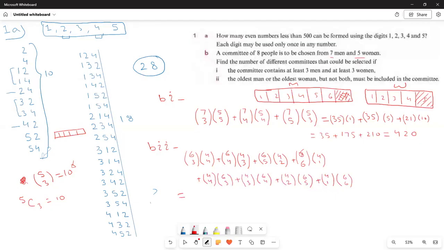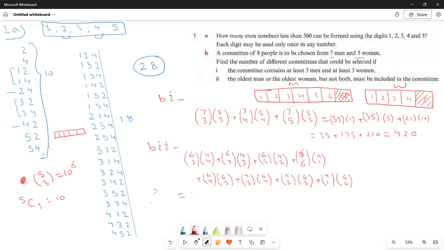Now you see there's a similarity here. The first term here and the first term there are the same. Similarly in the next term, 6C3 and 4C4 are the same. 6C5 and 4C2 are the same. 6C6 and 4C1 are the same.